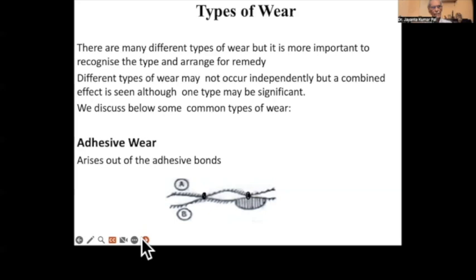So although there are different types of wear, no particular type of wear will take place alone at a contact. It's often a combined type of wear, and we have to take care of the most prominent wear and try to remedy it.